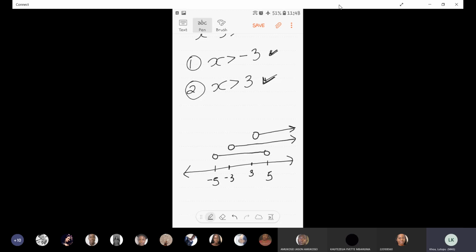Now what you're looking for, remember, is all the 3 conditions to be met. Now if I'm over here, none of the conditions are met because this number is not between -5 and 5. It is not greater than -3, and it is not greater than 3. So none of the conditions are met. Now if I am over here, only this one is met, and then the other 2, they are not met.